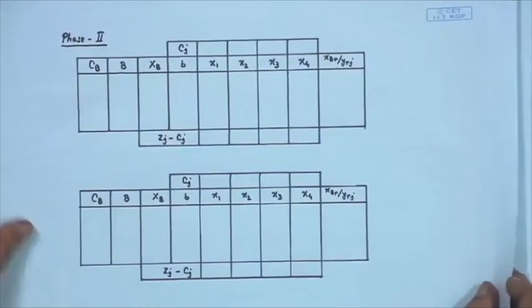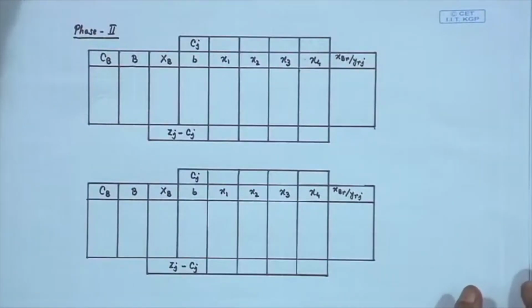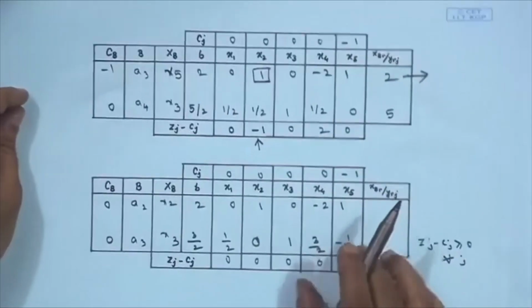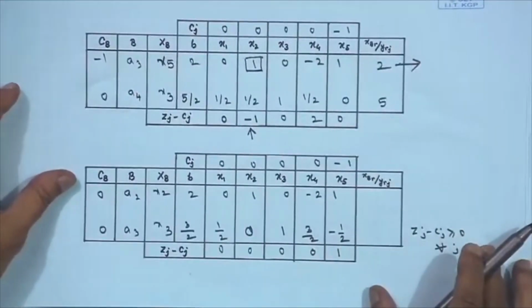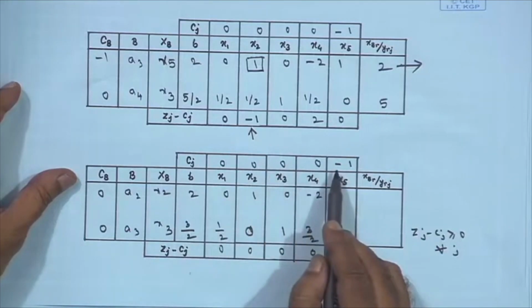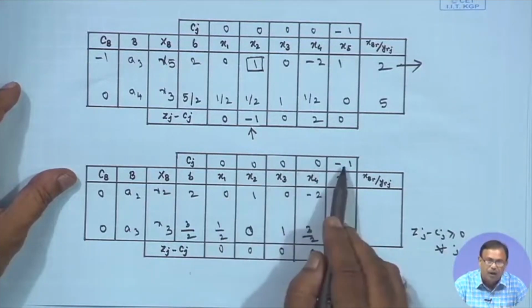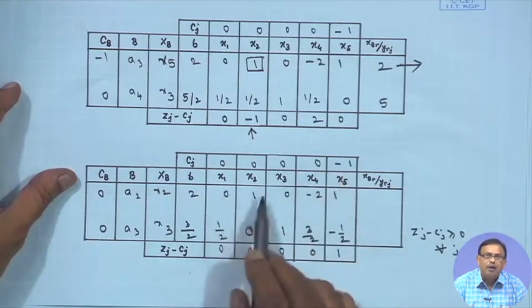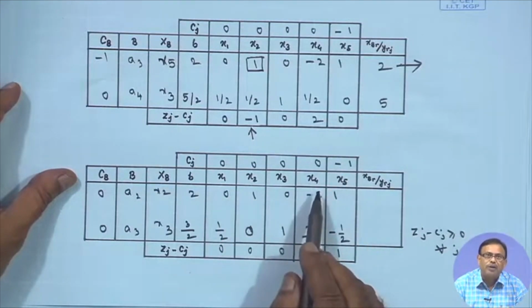In phase 2, again we will start with the earlier table only, with this table. The only difference in this case is that the Cj values will be replaced by the original coefficients of the variables x 1, x 2, x 3, x 4.